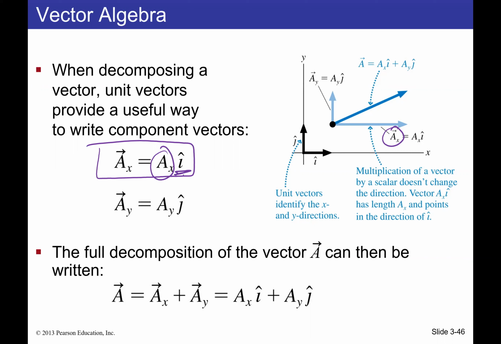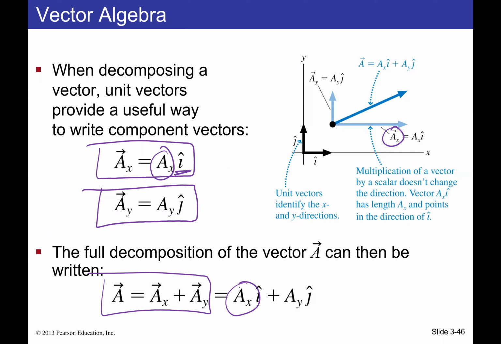Magnitude is just how big vector A is. In the same way, I can represent the y component as Ay j hat. So instead of writing ax vector plus ay vector, I can say it's the magnitude of Ax times I hat plus the magnitude of Ay times j hat, which also tells you which direction they are in.